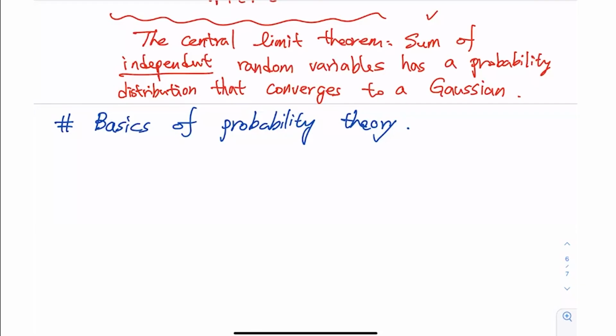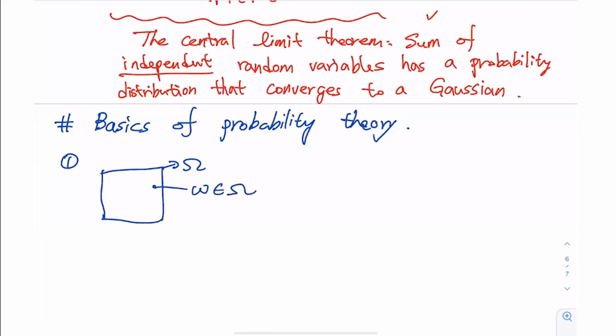So let's start from something that's very simple, like some kind of definition of what is probability. Suppose we have a space of events, let's call it capital omega. It is basically a set of events, and any point of that set is just an element. Let's use omega to denote it.